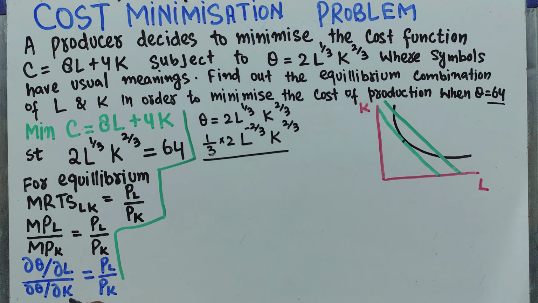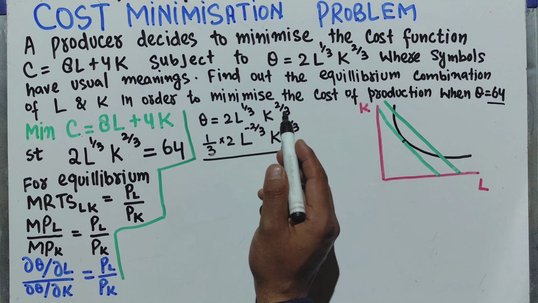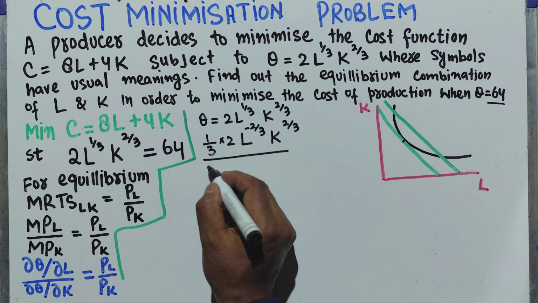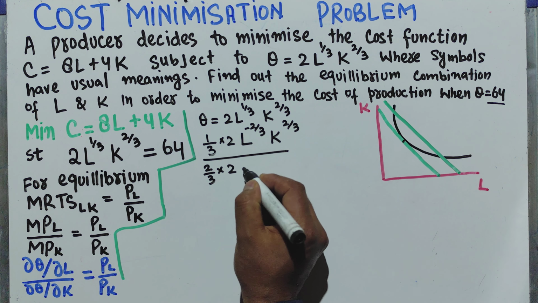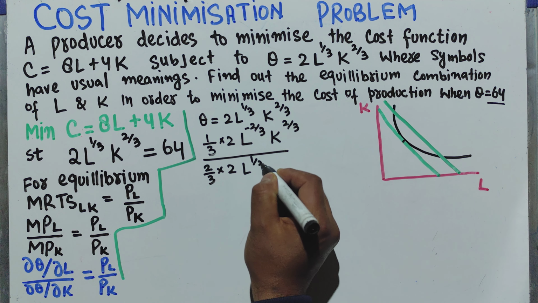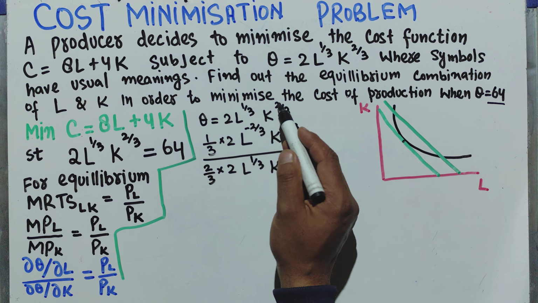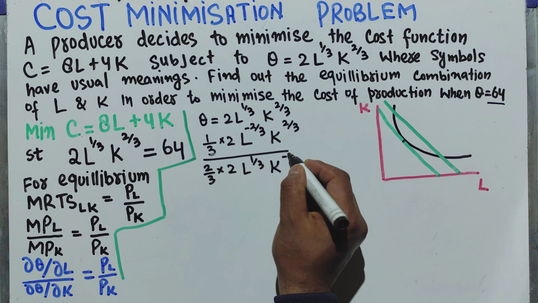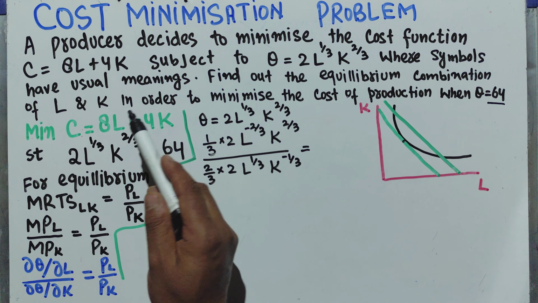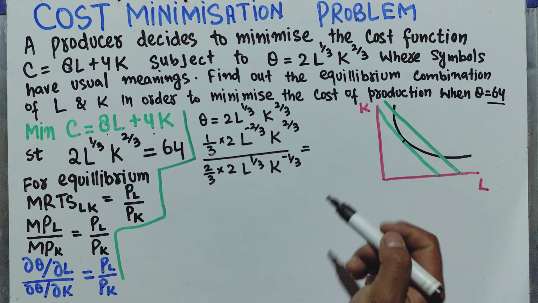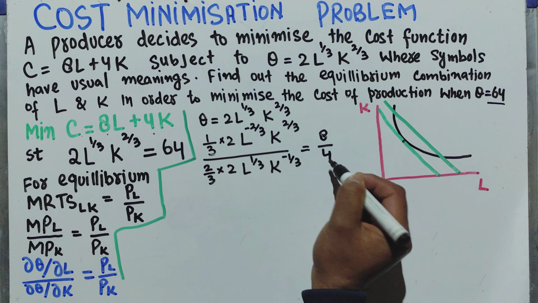Similarly, dQ/dK means the partial derivative of this production function with respect to K. Again, the exponent of K becomes the coefficient, so we have 2/3 times this 2. Then L^(1/3) will remain the same, and the exponent of K is subtracted by 1, so 2/3 minus 1 is minus 1/3, and it should be equal to the input price ratio. Price of labor is 8, price of capital is 4, so we have 8/4 here.